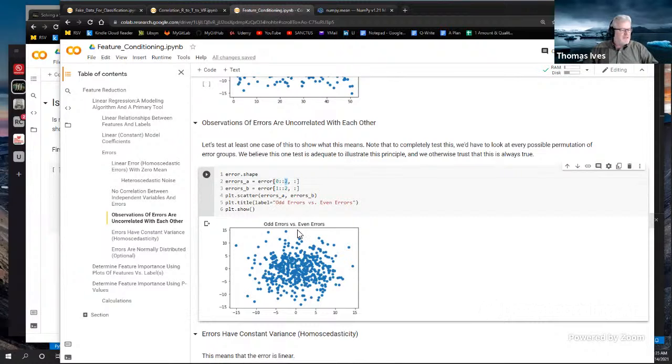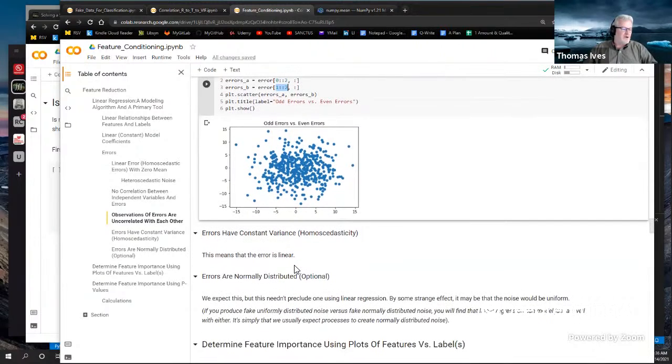And then step size. So all I'm doing is getting all the even ones here in all the columns and all the odd ones here in all the columns. I'm just making two groups of the errors, and I'm making sure that if I do a scatter plot, there's no obvious correlation. Now, again, probably going to be some correlation value because it's not the whole population, but it's going to be very small.